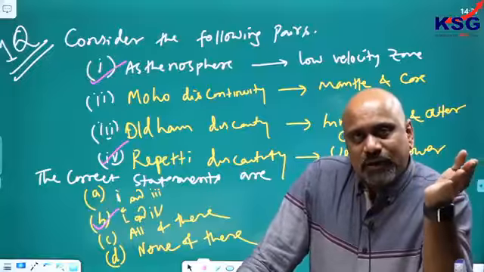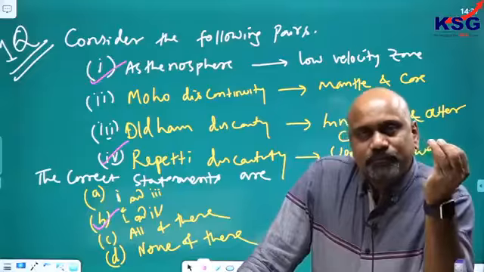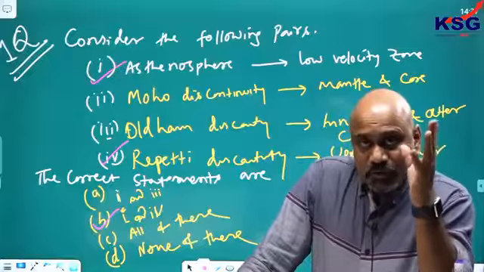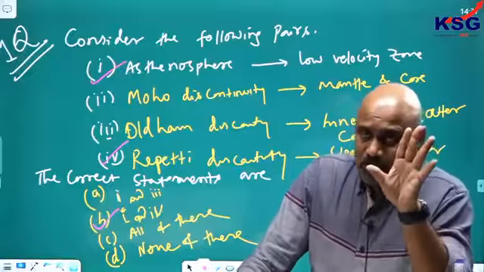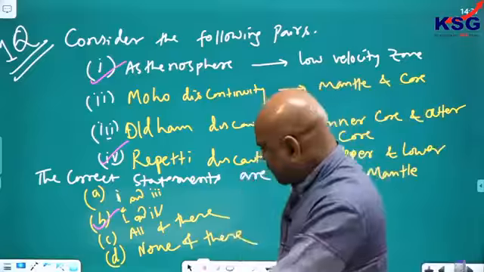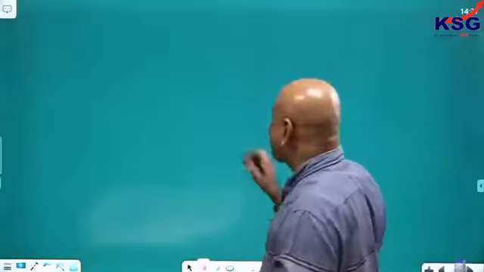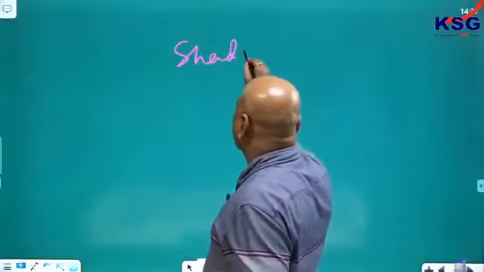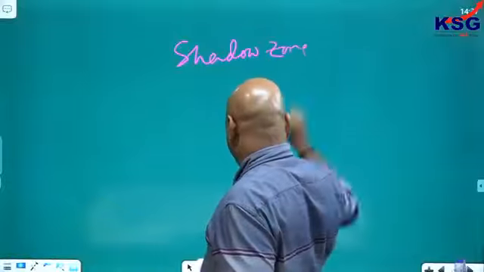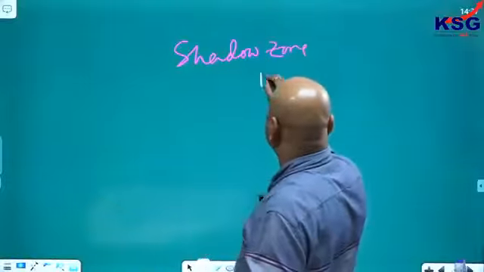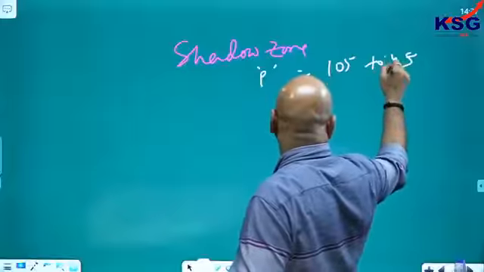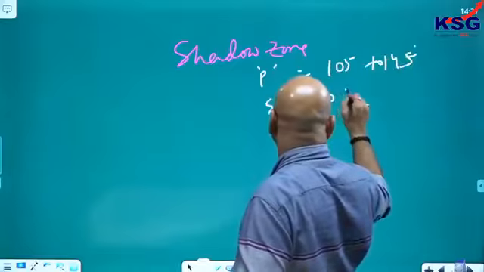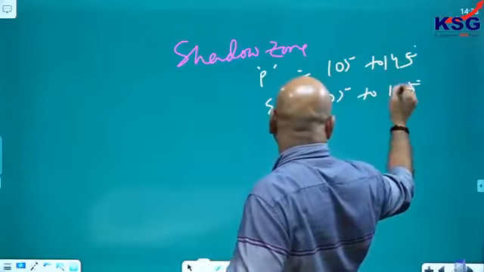Questions will again be on the low velocity zone, where refraction is there, at which particular depth refraction or bending occurs, and on the shadow zone. So you can go for the P wave shadow zone, P wave 105 to 145, and S wave is 105 to 180.